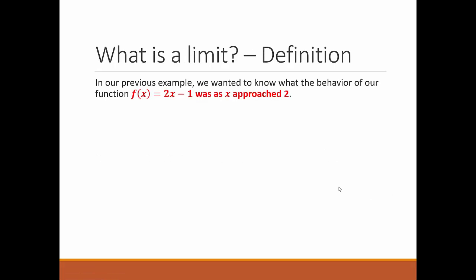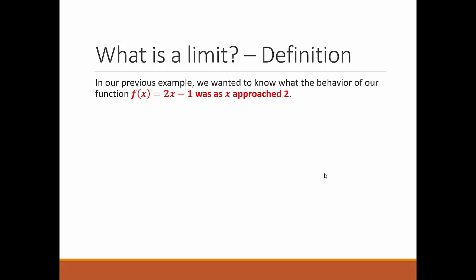Alright, so let's go back to our first example where we wanted to know the behavior of our function f of x equals 2x minus 1 as x approaches 2. And we looked at it and if you were very, very close to 2, it looked like the function was approaching 3.